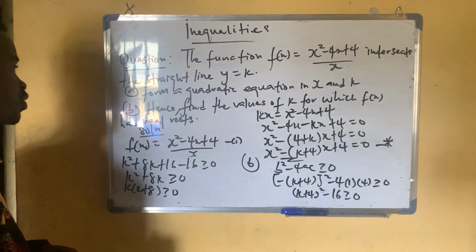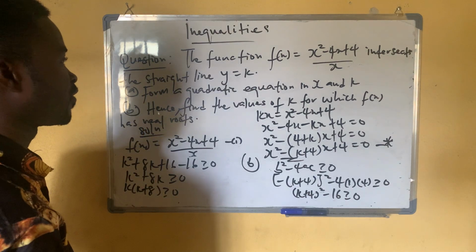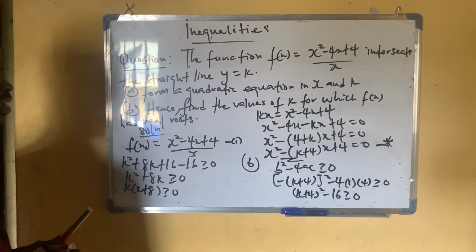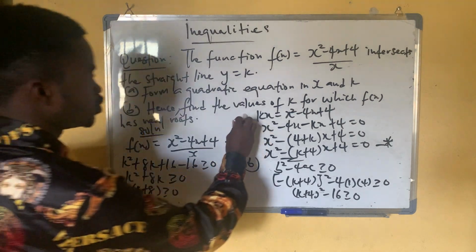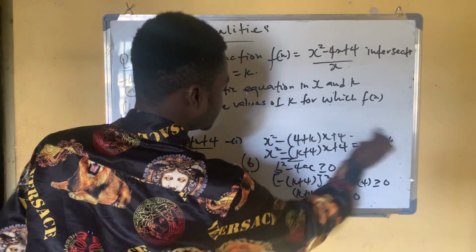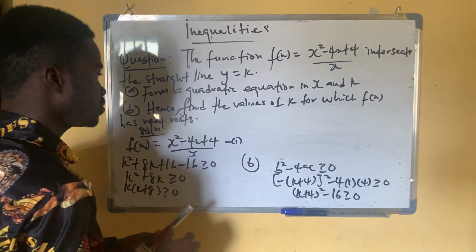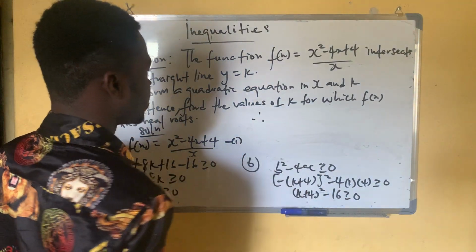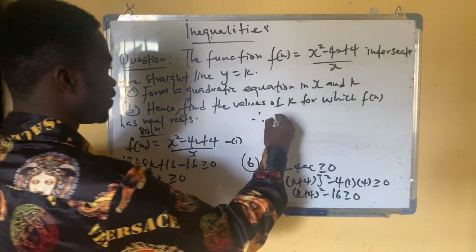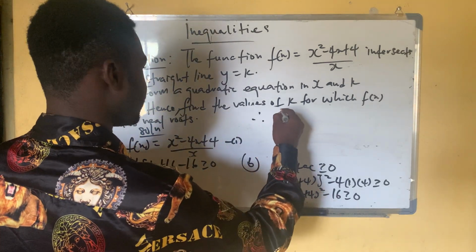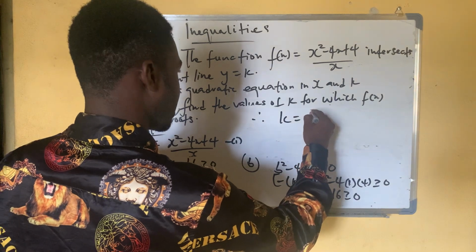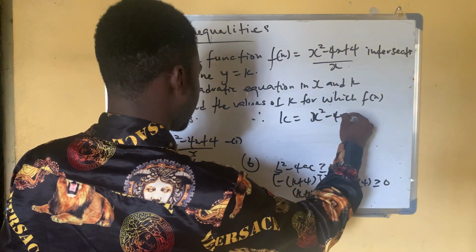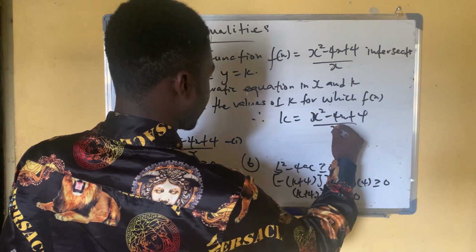Okay, so we have to find the values of k for which f of x has a real root. So from here we will check. At this point we have k equal to (x squared minus 4x plus 4) over x.